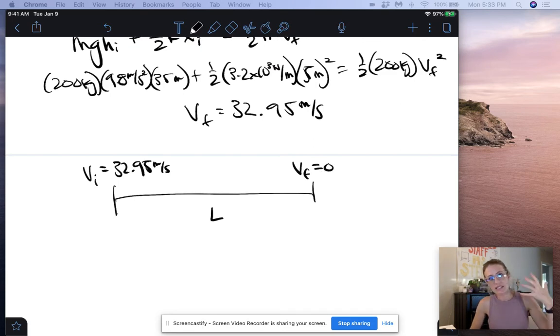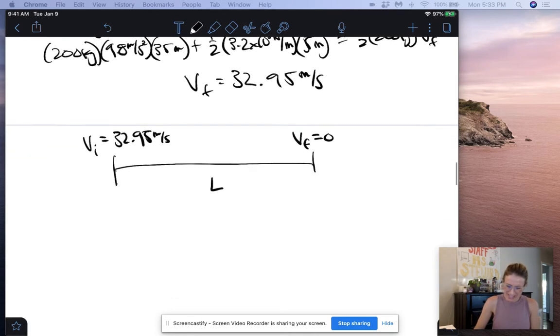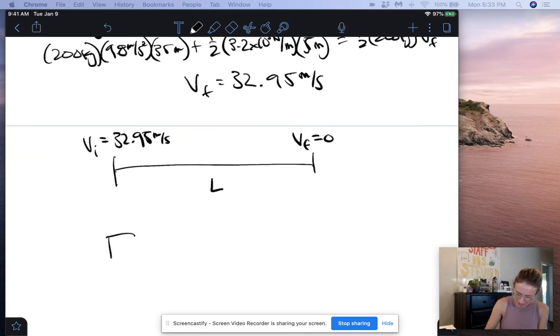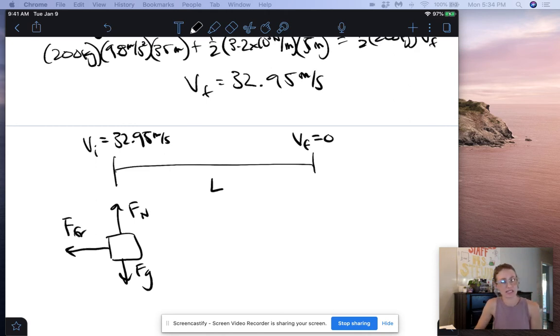Our distance is L, so what we need to find now is the acceleration. How fast is that thing slowing down? Now, if we draw a free body diagram of this glider, we have the force of gravity, normal force up, and then as it moves to the right, we have the force of friction slowing this thing down.